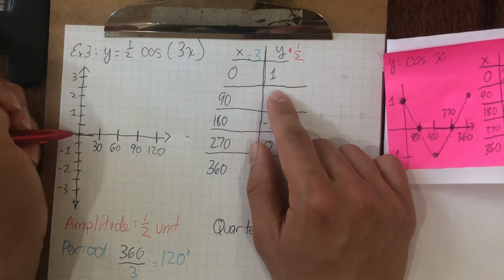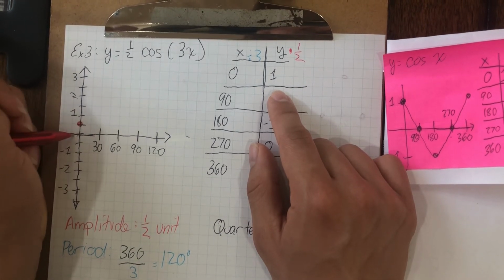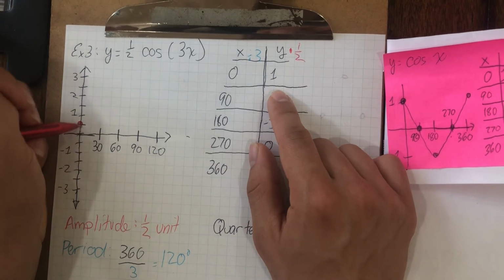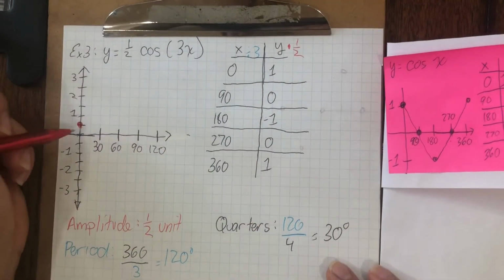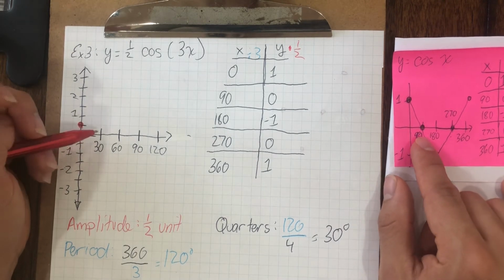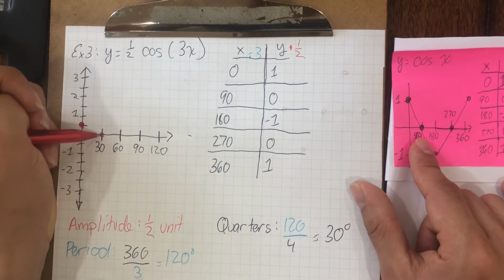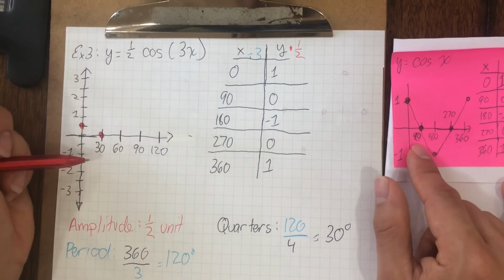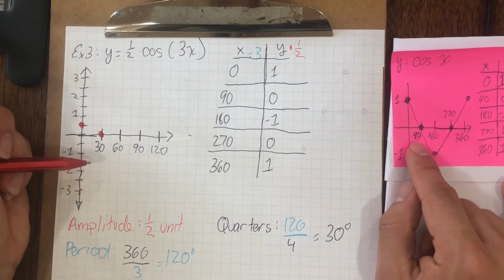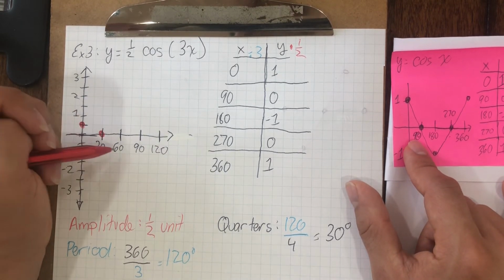My new point for this one would be 0, 1/2. So it's going to be somewhere in between 0 and 1. Now we're going from max to mid. There's not really any change in the y value, but for the x value, we definitely see that. Now we're going from 90 to 30. The x value reduced from 90 to 30. All right, so we're at max, mid, min.